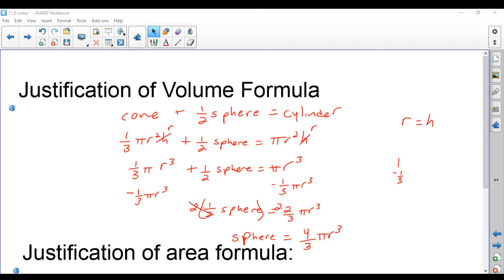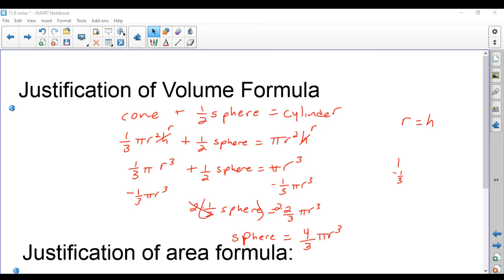Now, as n goes toward infinity, as we break this up into more and more of these little pyramids, that area of all the pyramids gets closer and closer to the surface area of the sphere. And what we're trying to do here is come up with a formula for surface area of a sphere.